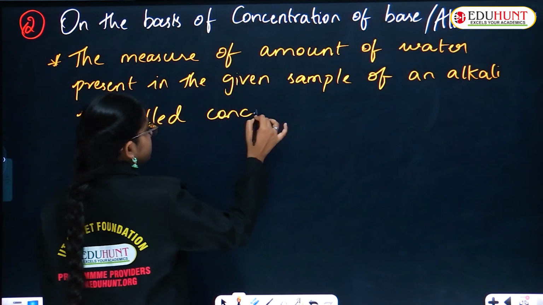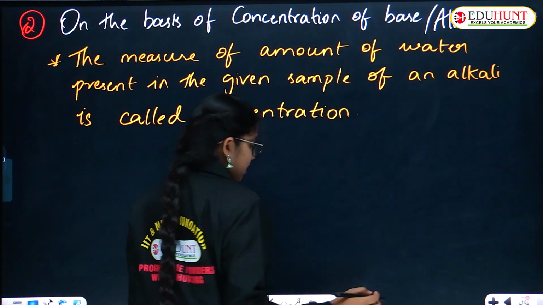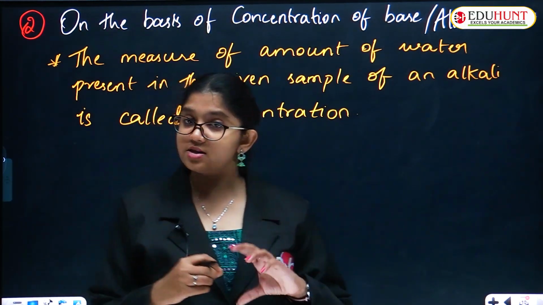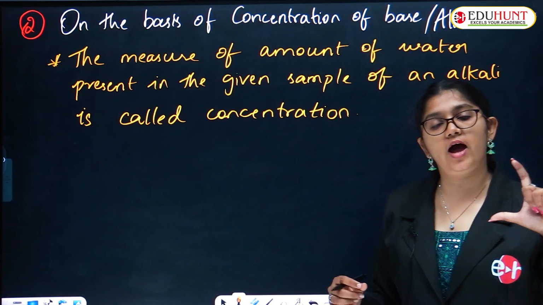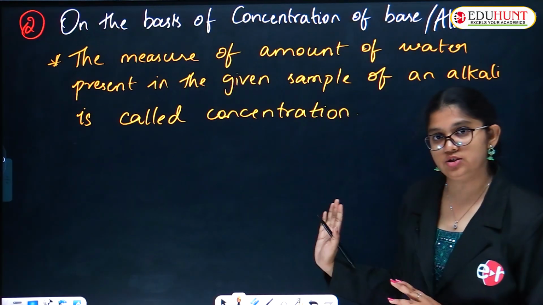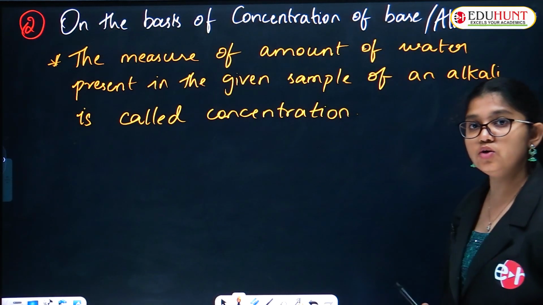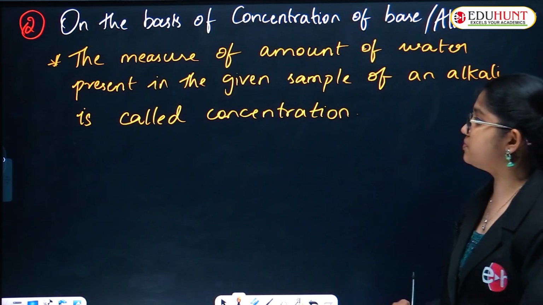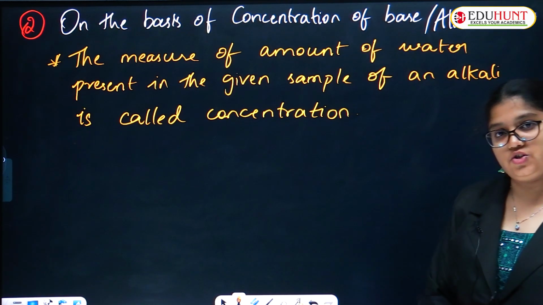If I give you a sample of an alkali and ask you to test how much water is present in it, that is nothing but its concentration. Once again, the measure of the amount of water content present in the given sample of an alkali is called its concentration. Very good.